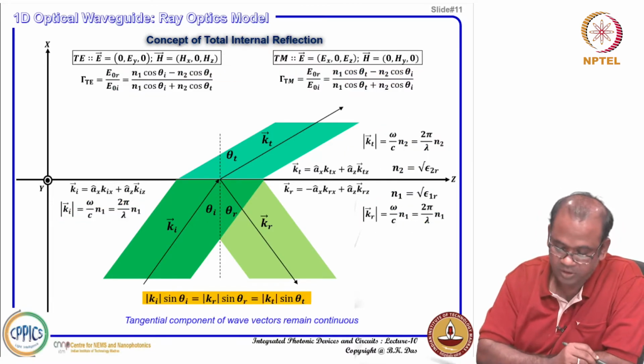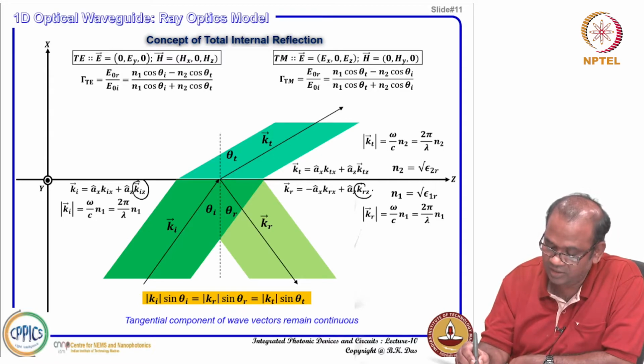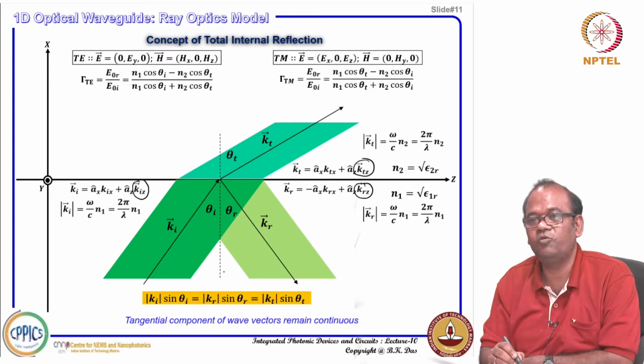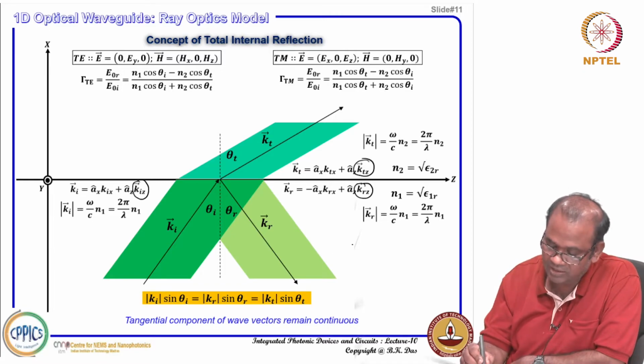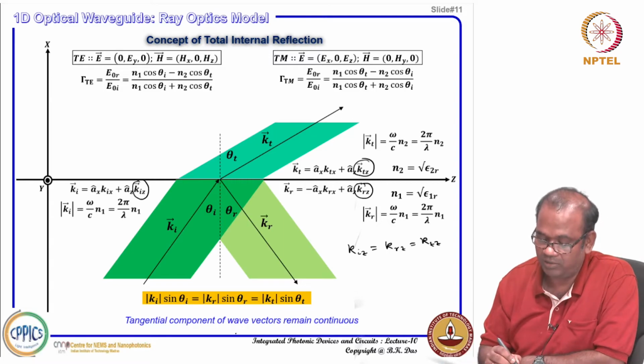Now one important thing you must understand: Kiz, Krz, Ktz are all tangential components of the wave vector, and from the boundary condition we know they should be continuous, so Kiz, Krz and Ktz are equal.